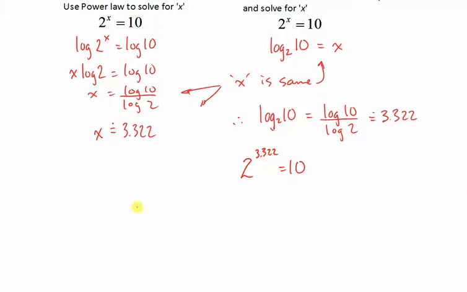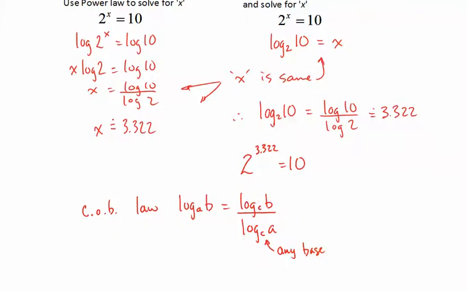Here's the change of base law. I'm going to call it COB, change of base law. Generically, if I have log base A of some value b, I can rewrite it as log b divided by log A, and I can use any log base I want as long as I use the same on top and bottom and it follows log base restrictions.